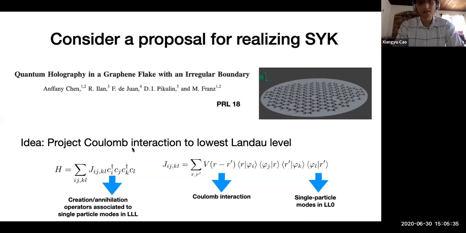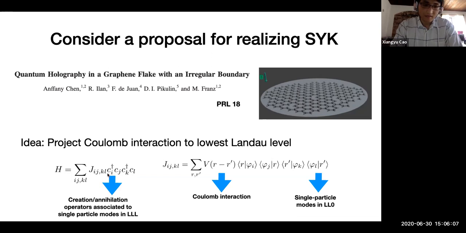The idea is that if you look at the lowest Landau level and you project the Coulomb interaction to the orbitals in that level, then you will get a Hamiltonian which looks pretty much like Sachdev-Ye-Kitaev. So you will have this quartic interaction. Remember that because you project to the Landau level, you don't have a quadratic term because it's a flat band.